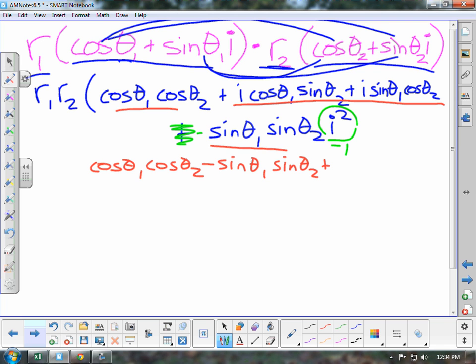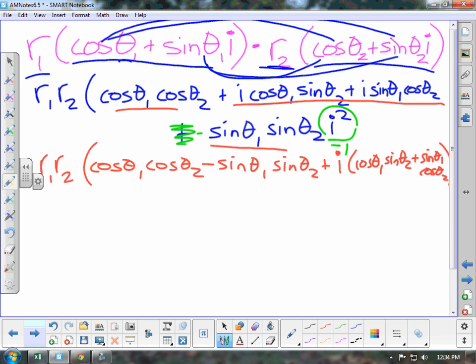And with the other two, you can factor out an i, and then you have cosine theta 1 sine theta 2 plus sine theta 1 cosine theta 2, like so. Still having r1 and r2 out here.